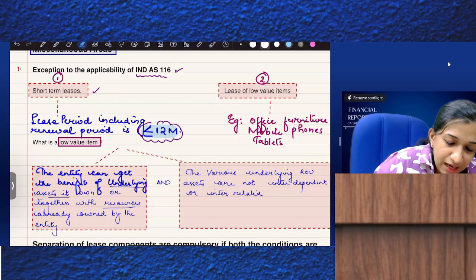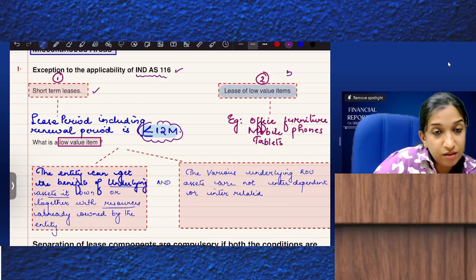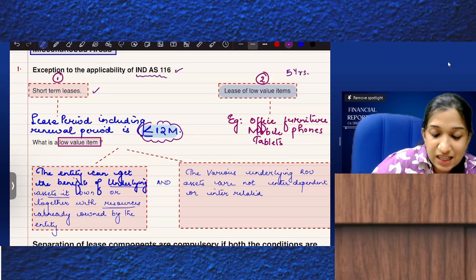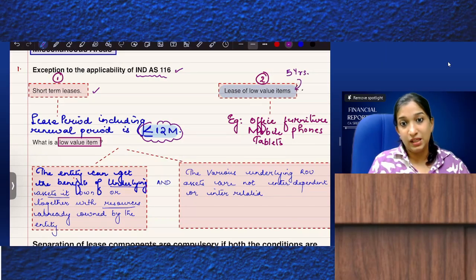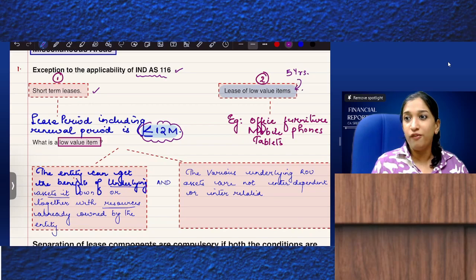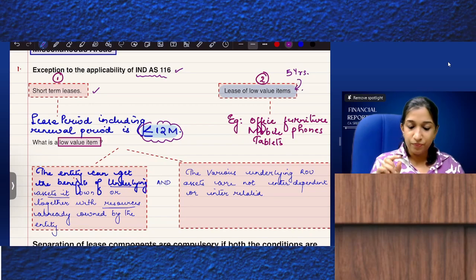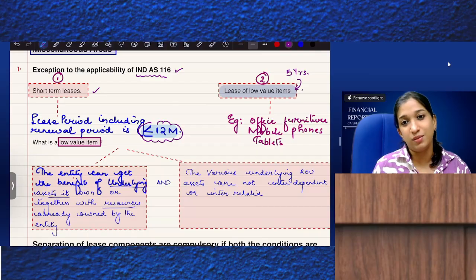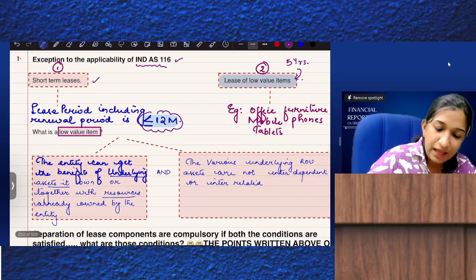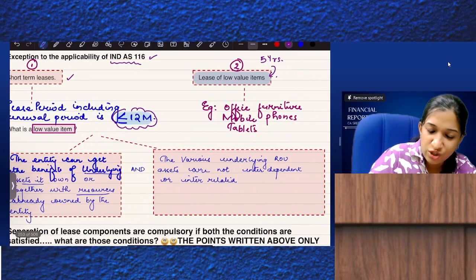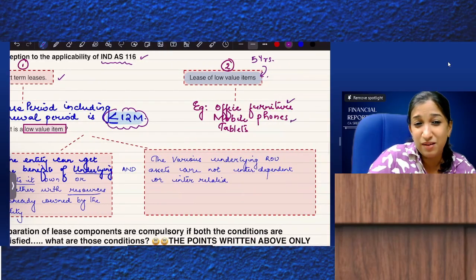Okay. And if the lease term is 5 years, but you are leasing out a low value item, like office furniture, mobile phones, or tablets.